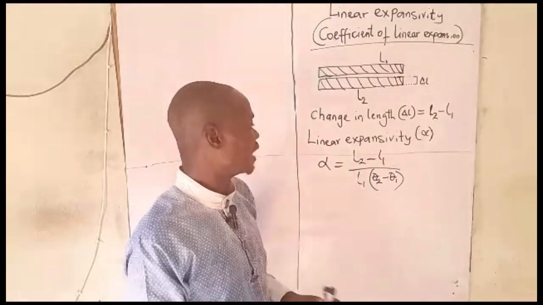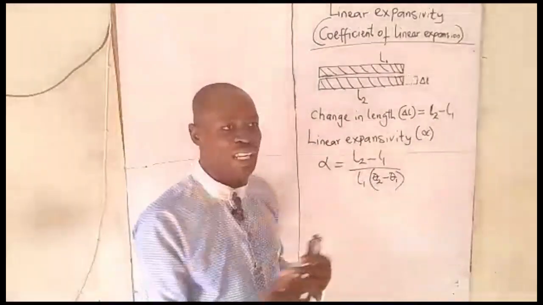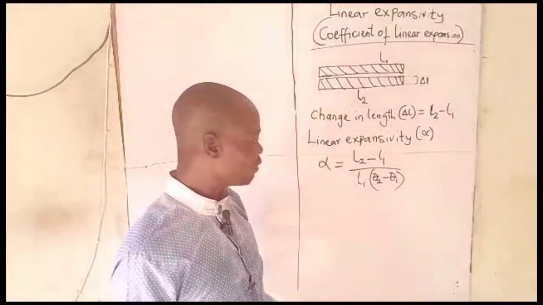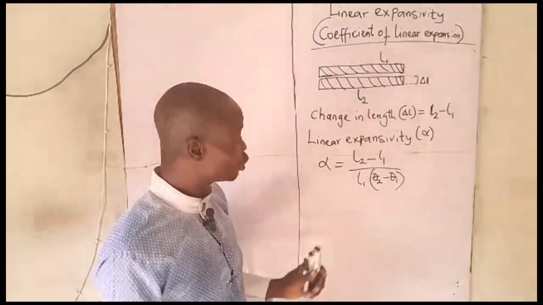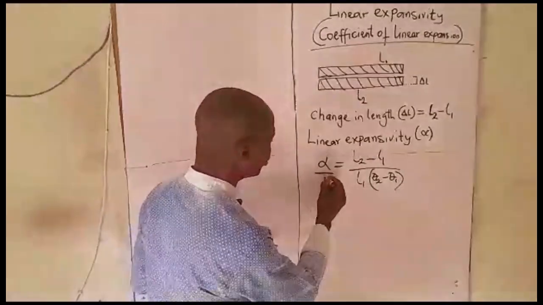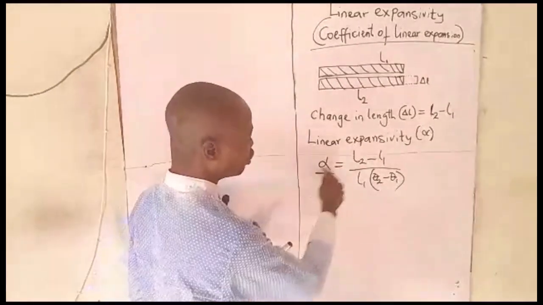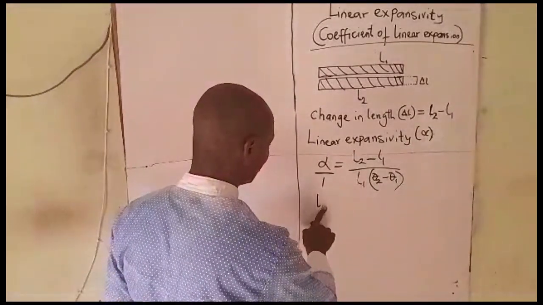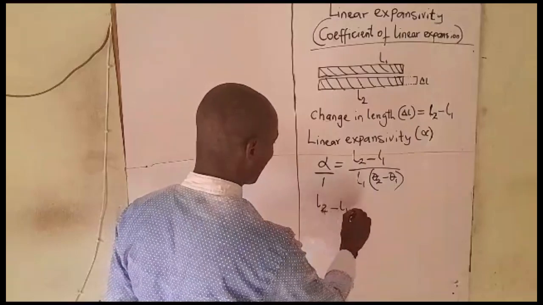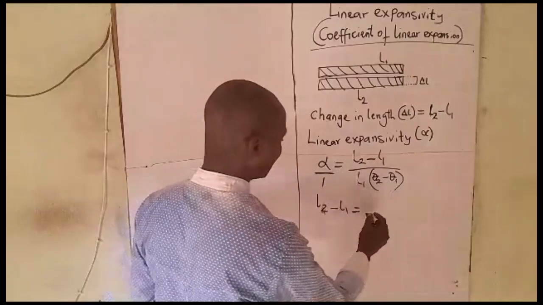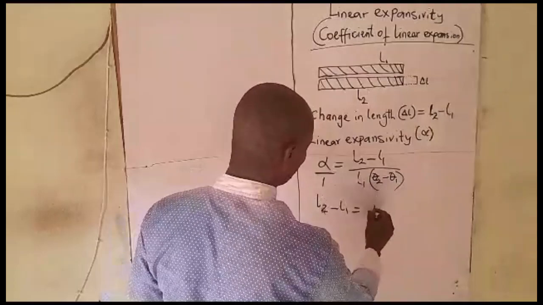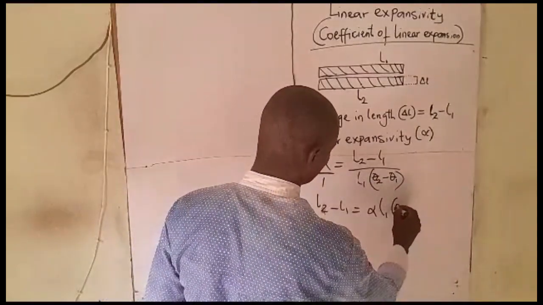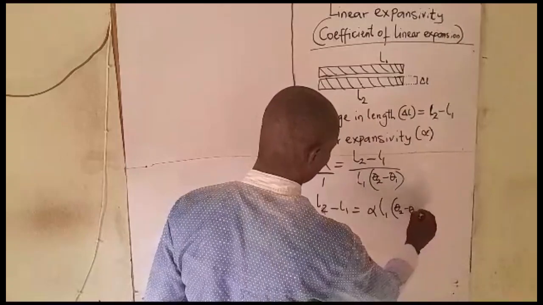So if linear expansivity is actually change in length over original length multiplied by the change in temperature, we are now going to look at how we can find the final length reached after the rod must have expanded. In that case, we are going to cross multiply. When we cross multiply that, we have L2 minus L1 is equal to alpha multiplied by this, so we'll have alpha L1, then bracket theta 2 minus theta 1.